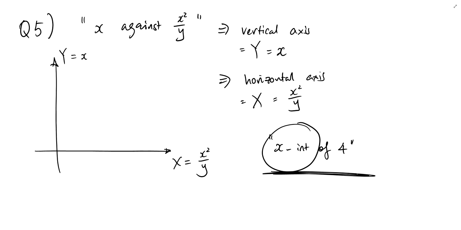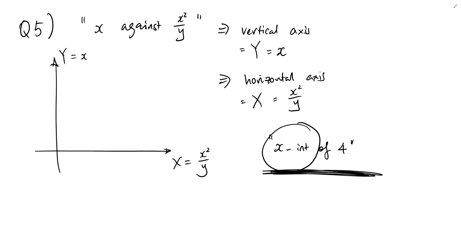Who says vertical? Who says horizontal? Why do you all think it's horizontal? So let's try again. Some of you seem to be changing your mind. Who thinks that this x-intercept of 4 refers to the vertical axis intercept? Raise your hand. Who thinks it represents the horizontal axis intercept? Raise your hand.